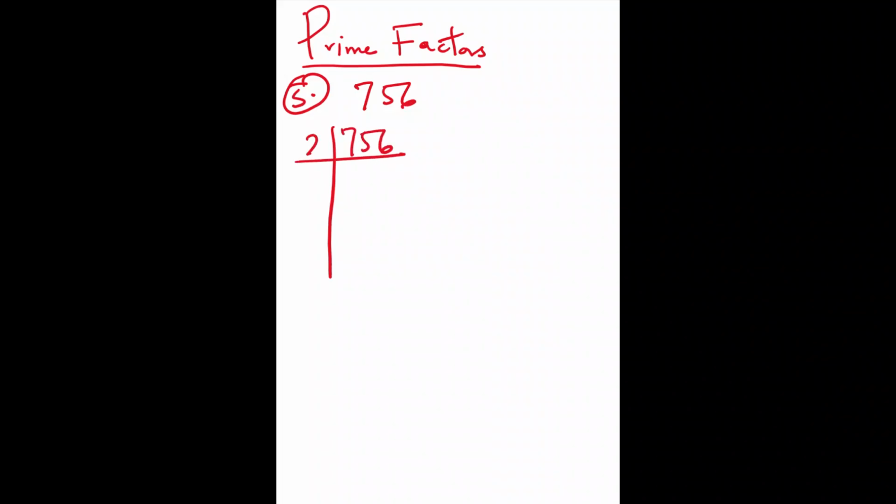Okay. So 756 divided by 2 will give us 378. Remainder 0. 378 divided by 2 is 189. Remainder 0. 189 divided by 3 is 63. Remainder 0.